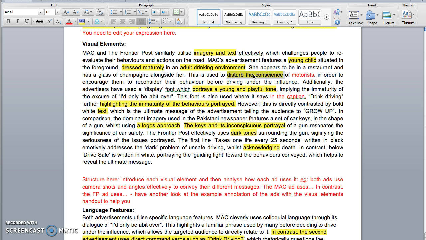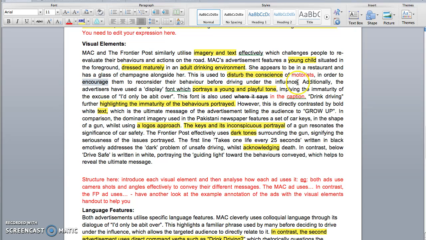So this is designed to prick their conscience. So it's designed to play on their sense of guilt, because they'll look at this and go, oh my gosh, I have done that. Obviously not me, Isabelle. So just be careful there. In order to, it's more than encourage, it's to shame them into reconsidering their behavior before driving under the influence.